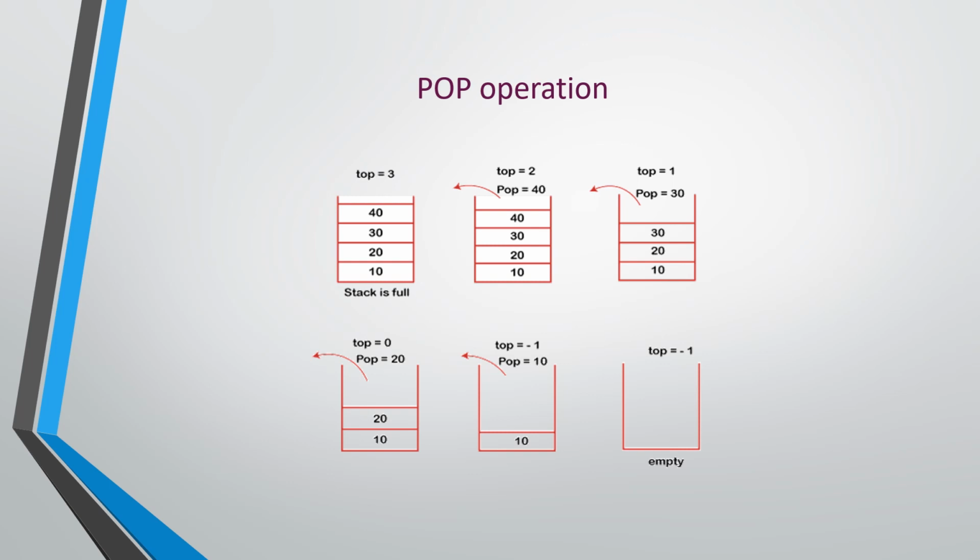And finally it will reach a state that is -1, and this state will represent the empty state of the stack, and we can't do any deletion after this state. If we try to do deletion in the empty state, then this state is called underflow state.